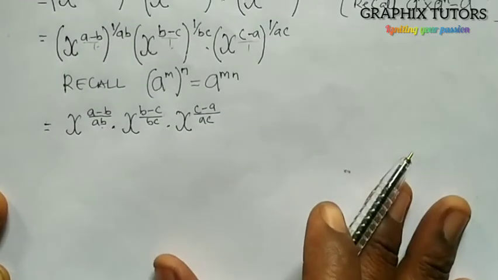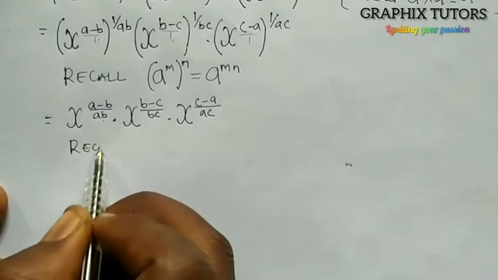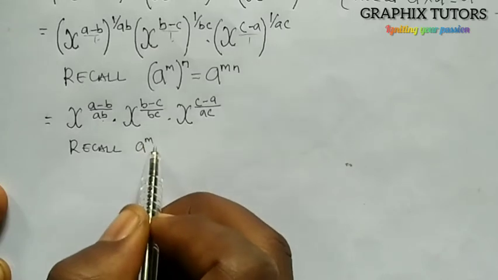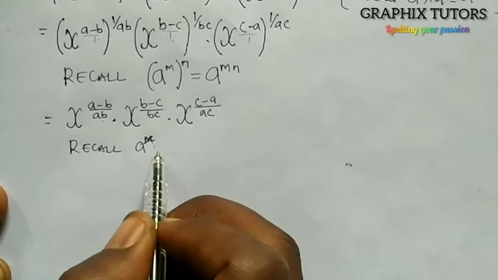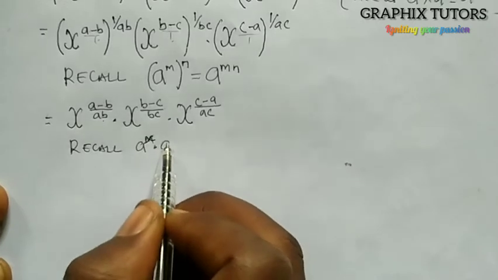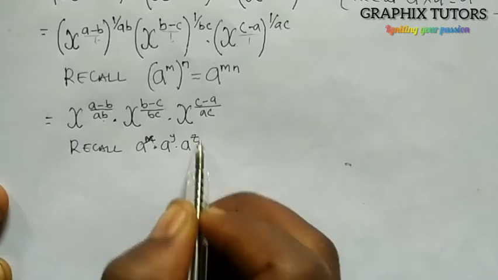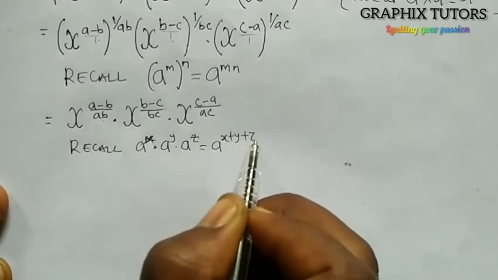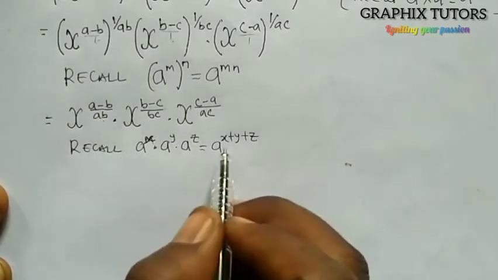Now, we apply the law, this same law that we have here. Let me just write it out. Recall a to the x times a to the y times a to the z will give me a to the x plus y plus z. You're going to add all the power, even though there are more than one.